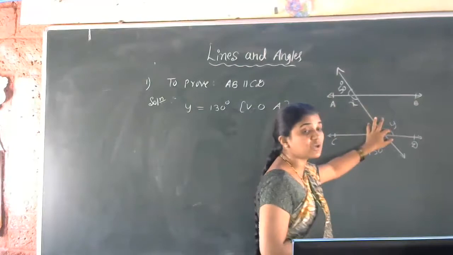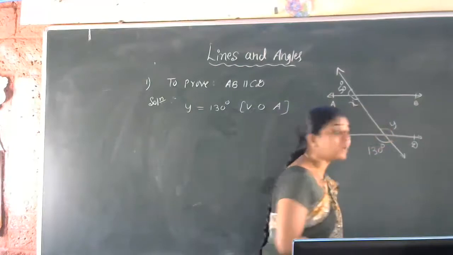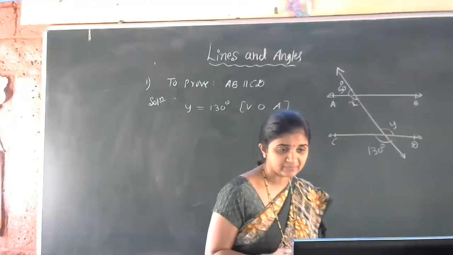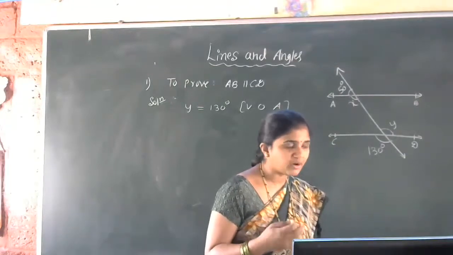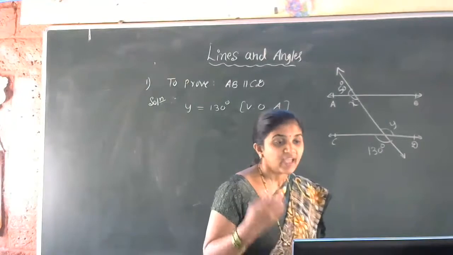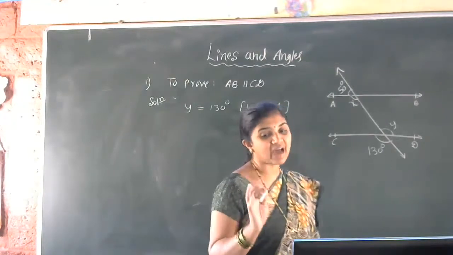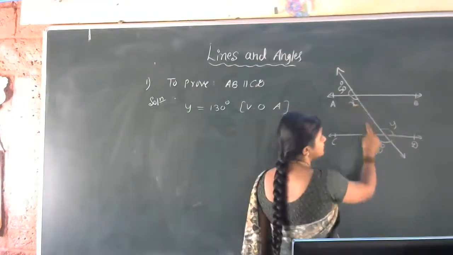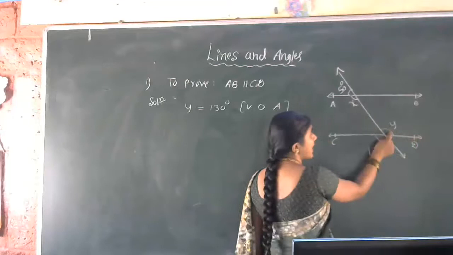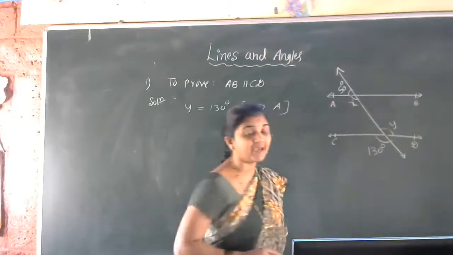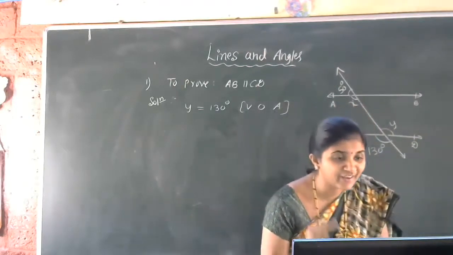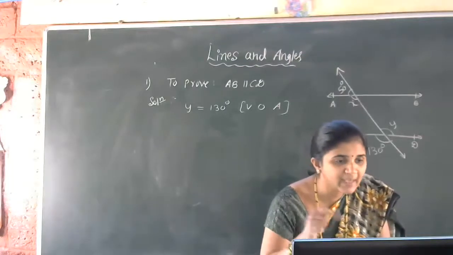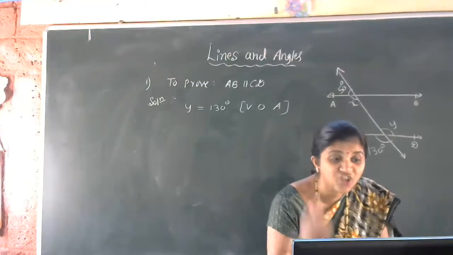If y is equal to 130, then what is the value of x? How can we find the value of x? Some students will answer that y is equal to 130, then here we are observing the Z shape, so y is equal to x as alternate angles. But in the beginning we cannot use the alternate angles concept, because in the problem the condition AB parallel to CD is not given.